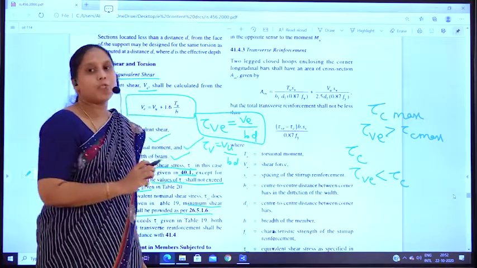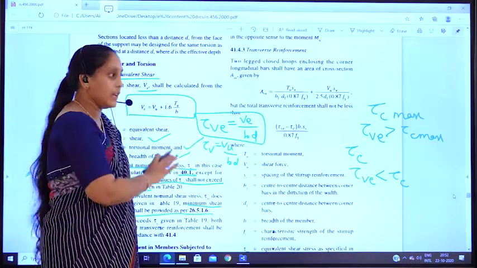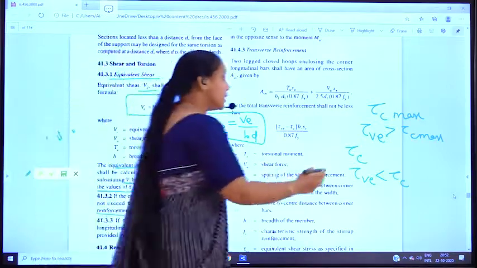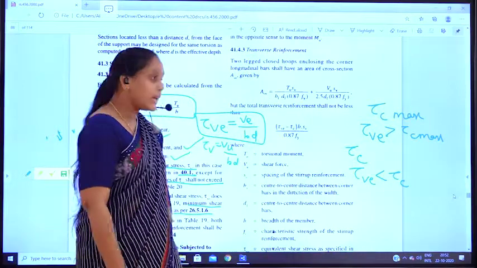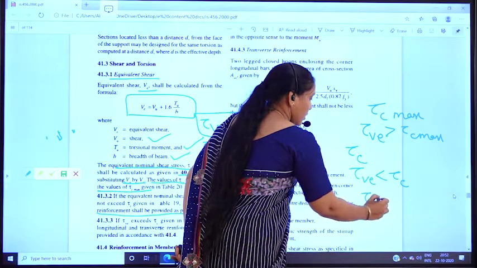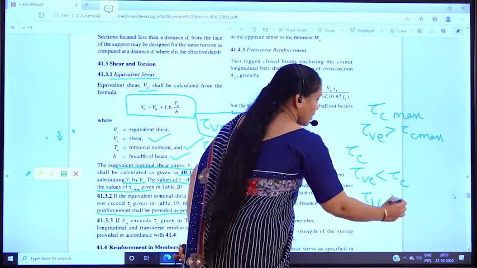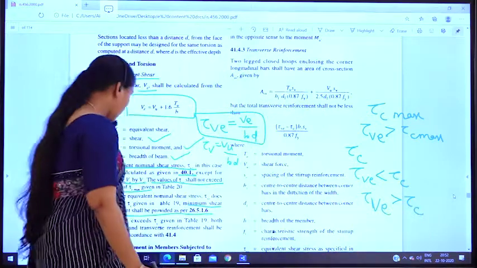The same shear reinforcement in the form of stirrups has to be provided here also, when tau VE is less than tau C. In the other case, when tau VE is greater than tau C, what do we have to do?